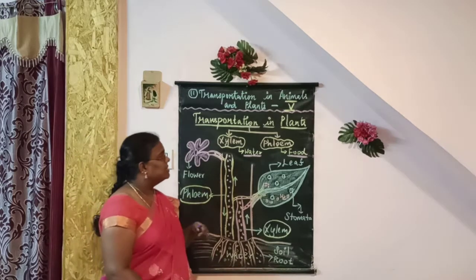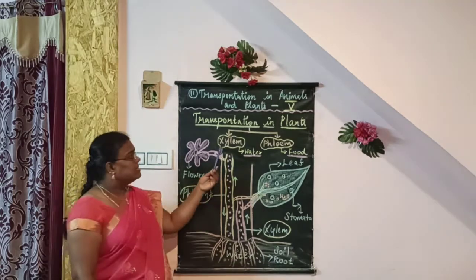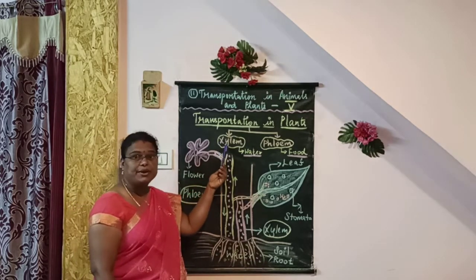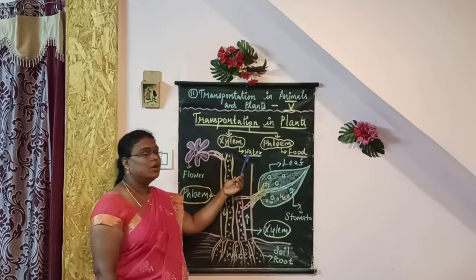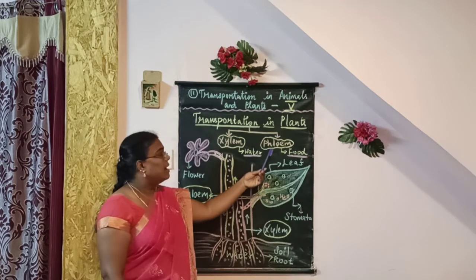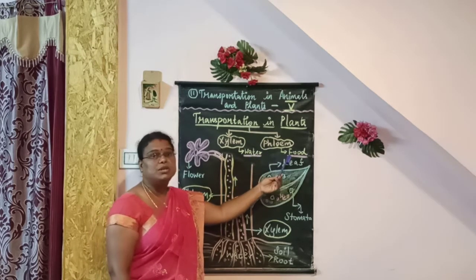And now we'll see the function of xylem and phloem. Xylem is a conducting vessel which transports water along with minerals. And phloem is a conducting vessel which transports food.